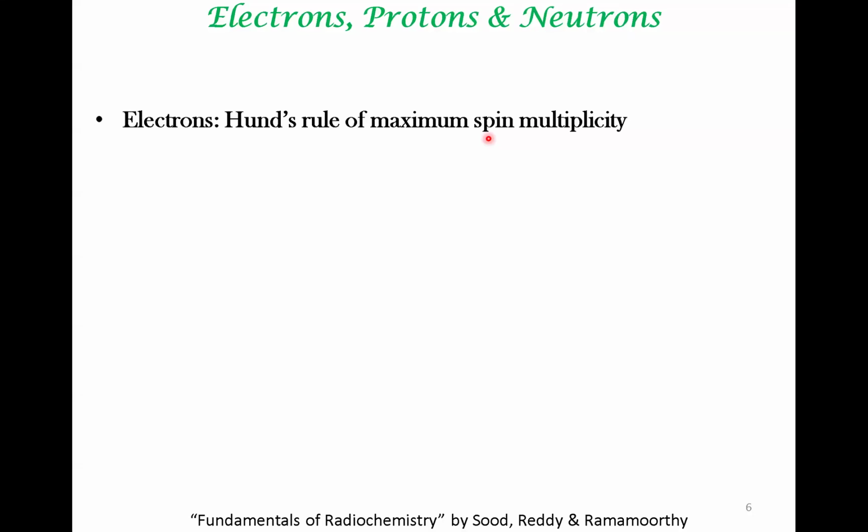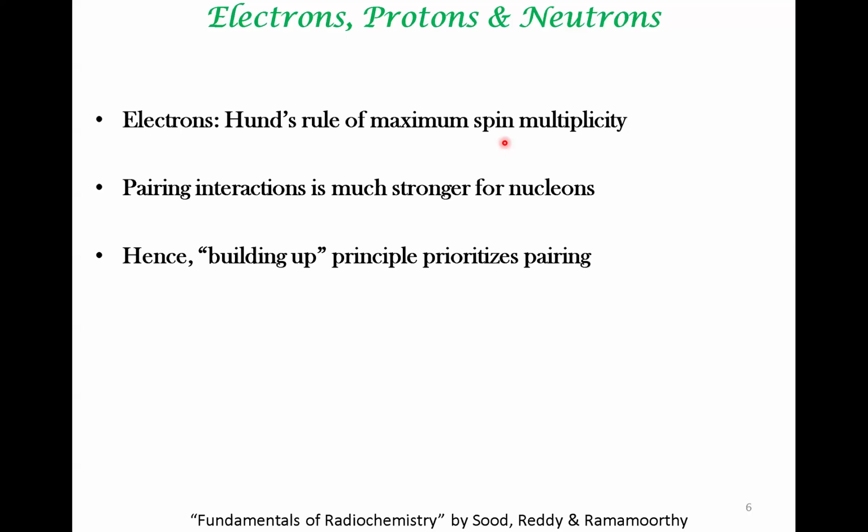However, this rule does not apply for building up the nucleon structure because pairing interactions are much stronger for nucleons. Without obeying this rule, we are always pairing the nucleons instead of maximizing the spin multiplicity.